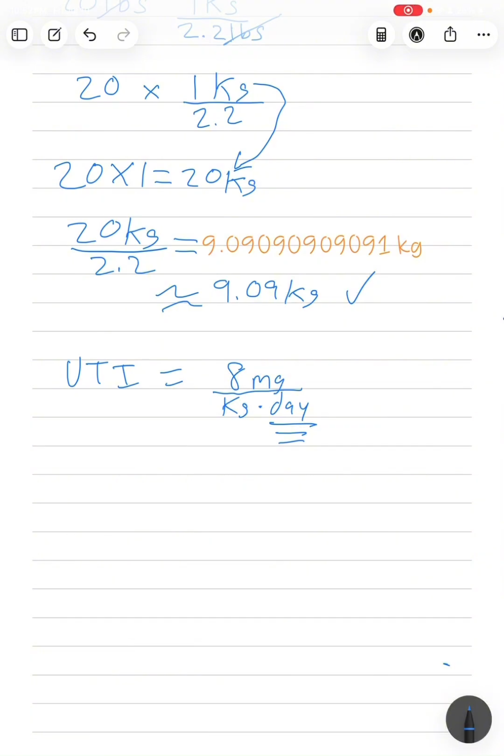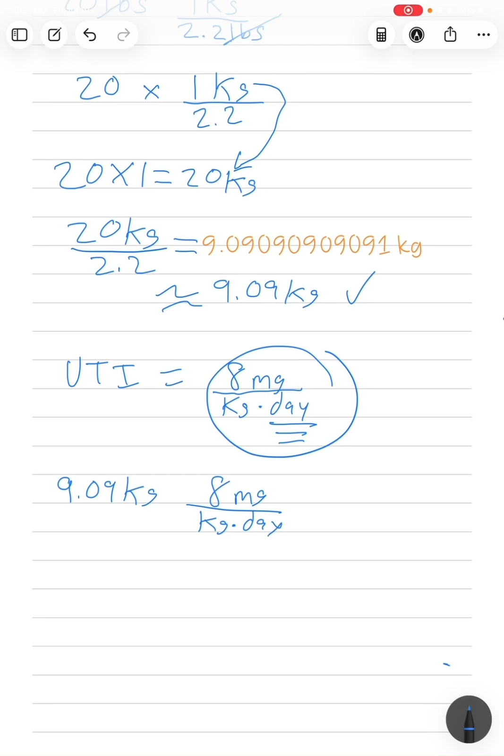So just like we did earlier, we're going to use dimensional analysis once again to solve our problem. We rewrite our child's weight, but now we have it written in kilograms, and we're going to use our recommended dosing, which is 8 milligrams per kilogram per day.